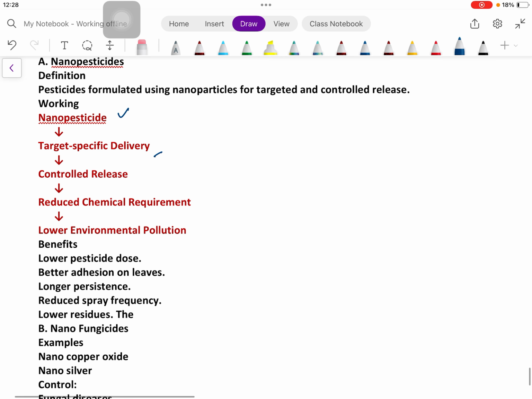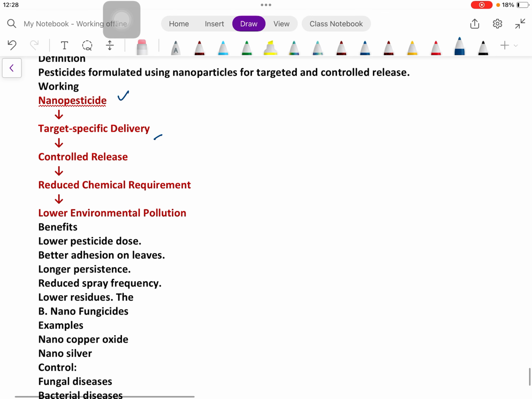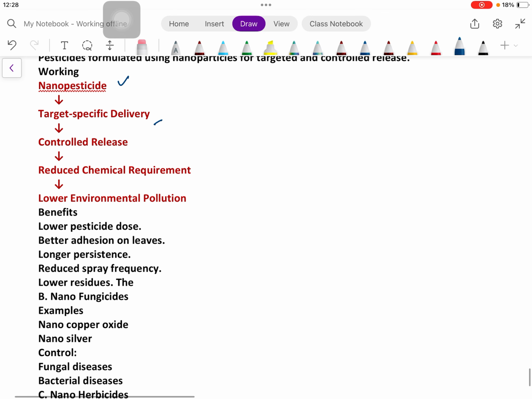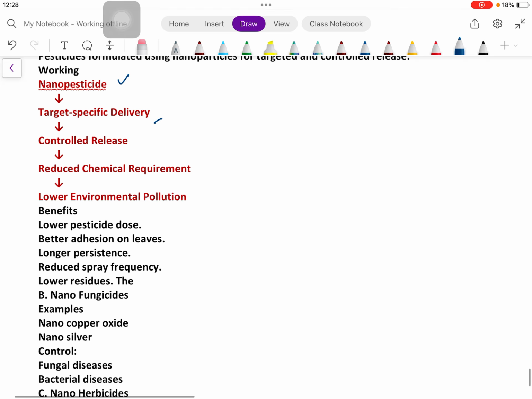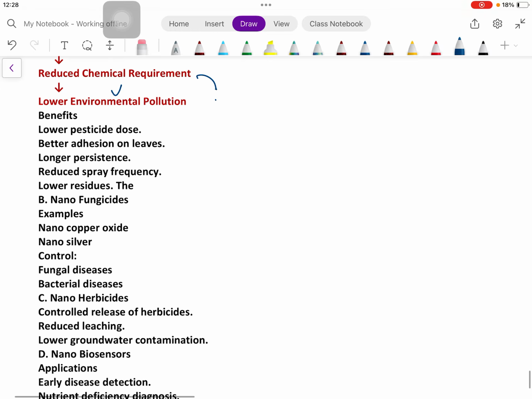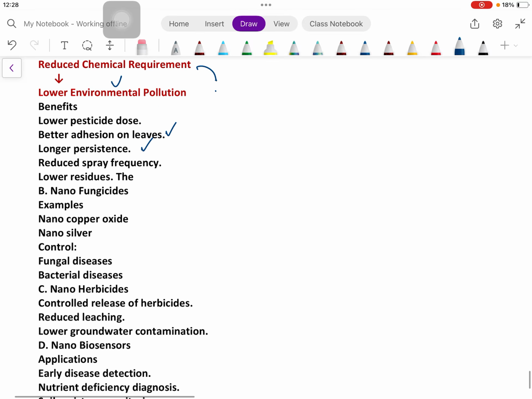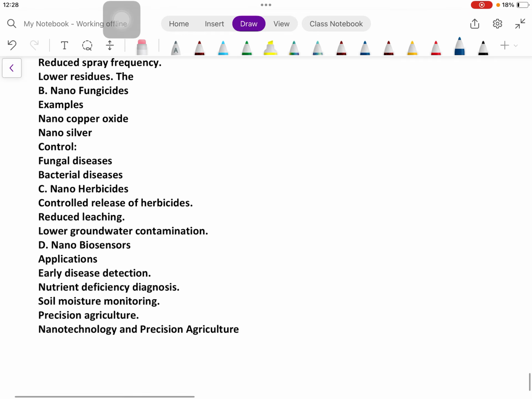Chemical requirement is reduced, as we have seen in the case of fertilizer. So here also the chemical requirement is reduced. In one case, environmental pollution will be lower, and in another, the cost of cultivation will be reduced. Persistence is longer, with better adhesion on leaves. These are benefits we can write.